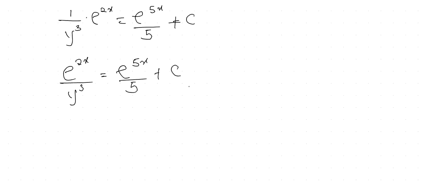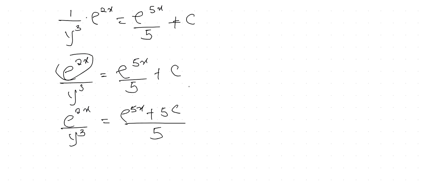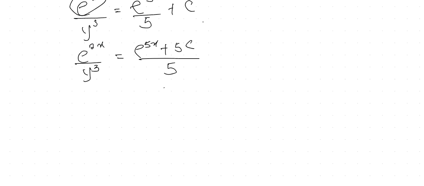Let's try to remove this fraction. If we do that, we have e raised to the power of 2x over y raised to the power of 3 equal to e raised to the power of 5x plus 5c, all over 5. Then we can have y raised to the power of 3 over e raised to the power of 2x equal to 5 over e raised to the power of 5x plus 5c.